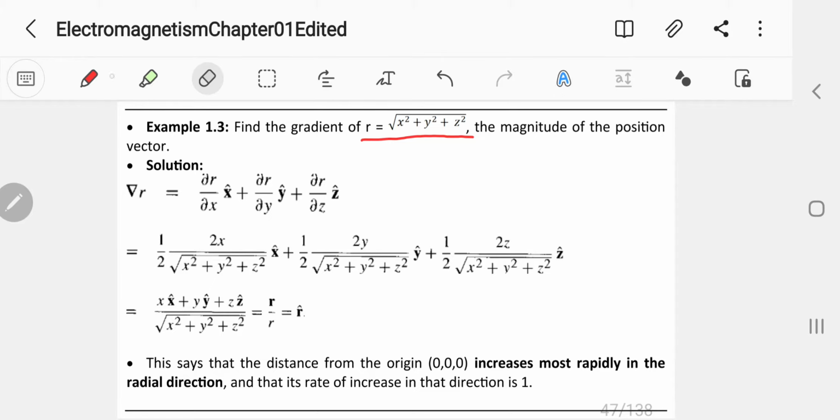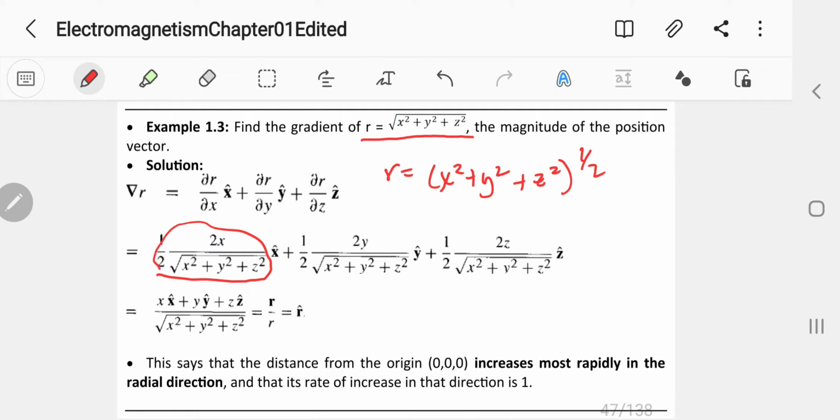And so if you get the derivative of r with respect to x, this is just this one here. r with respect to y, this is just this one here, and r with respect to z, this is just that one.